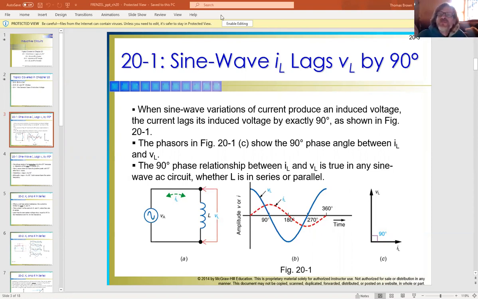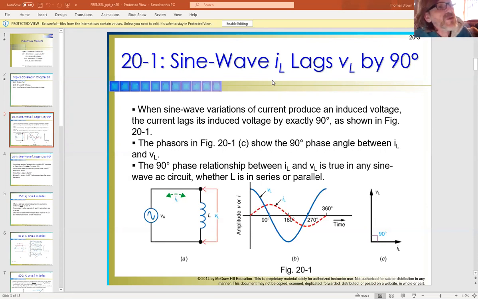The thing to remember about inductors versus capacitors is that we consider this a positive 90 degrees. Notice in figure C that our phasor diagram is in the positive direction. That gives us a little mnemonic, where they say it's ELI the ICEman.